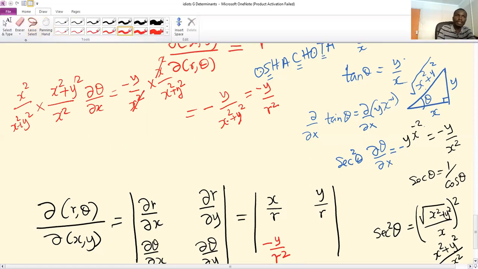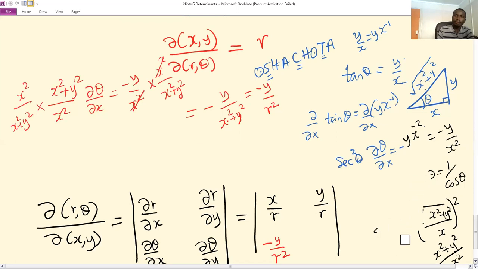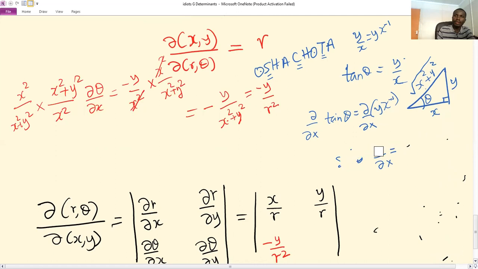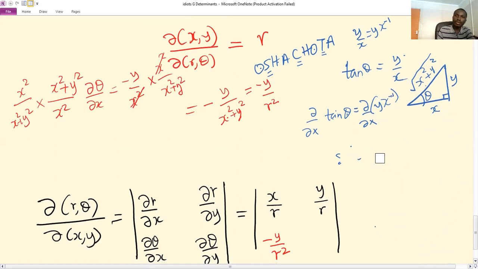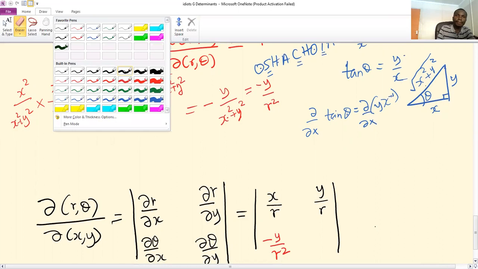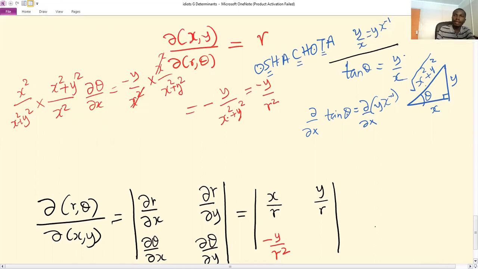And similarly, let's discuss partial theta partial y. Still this same triangle will help us to understand what you're supposed to do. So the relationship is that tan theta is given by y over x. So you apply partial y on both sides.